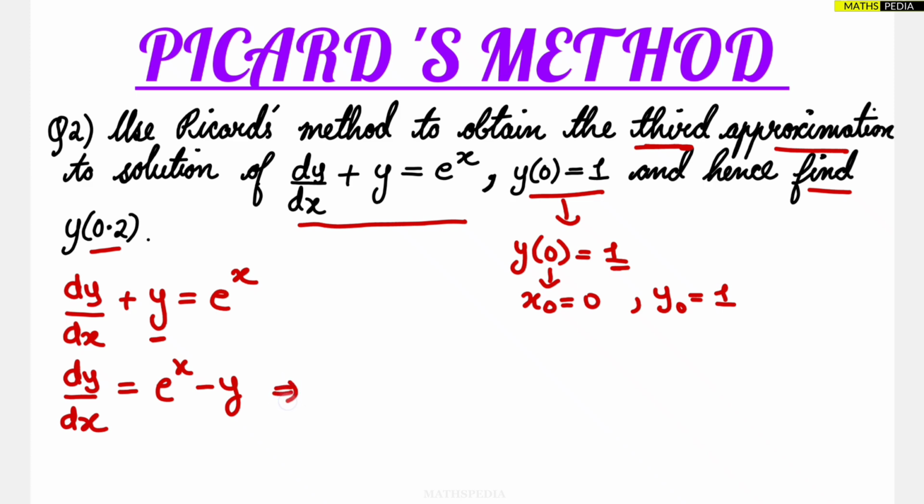So this will become the equation dy is equal to e power x minus y into dx. So the first step is LHS should only have dy, RHS whatever the other terms are, and dx also will be there with that.